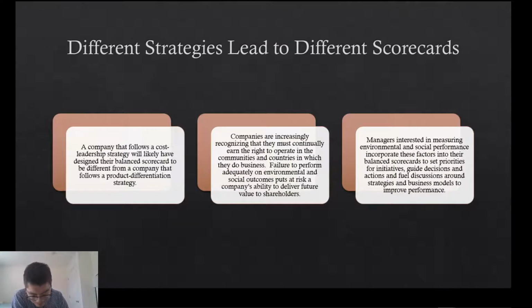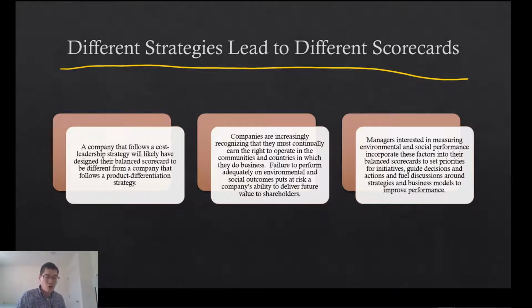So different strategies lead to different scorecards. That's absolutely correct. If you are a product differentiation company, then you are definitely going to use a different strategy than companies that are targeting cost leadership.